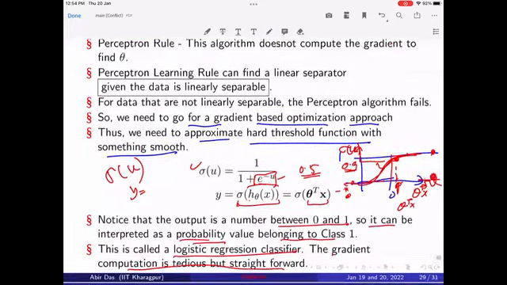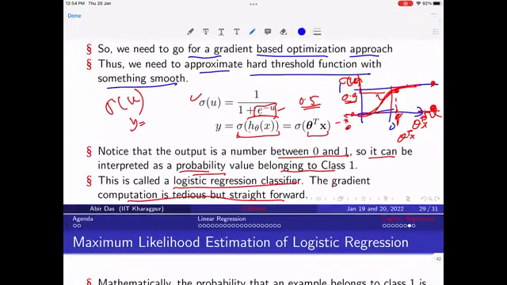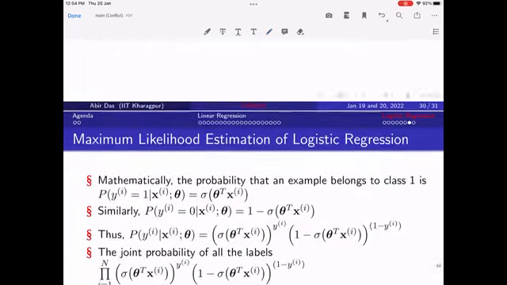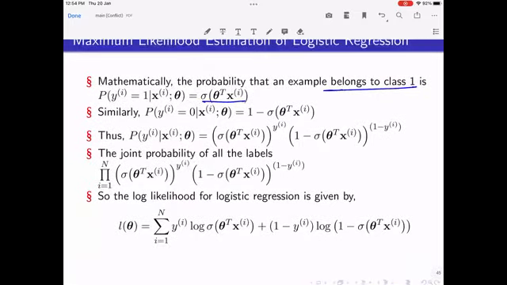If we pass theta transpose x through it, whatever the sigma value is, that is my probability of the example belonging to class 1. Similarly, y equal to 0 is just 1 minus that probability.